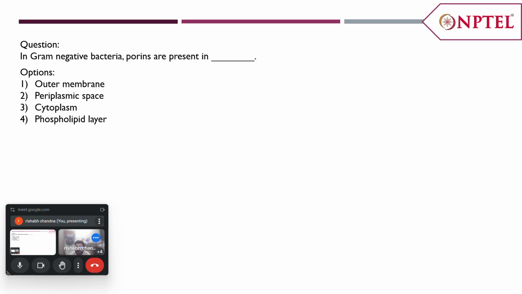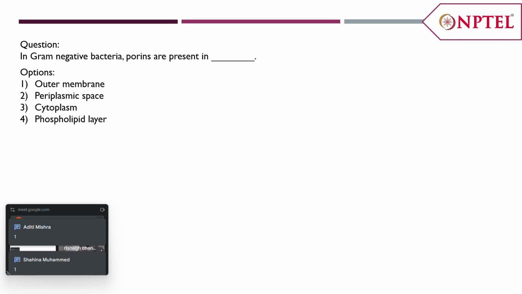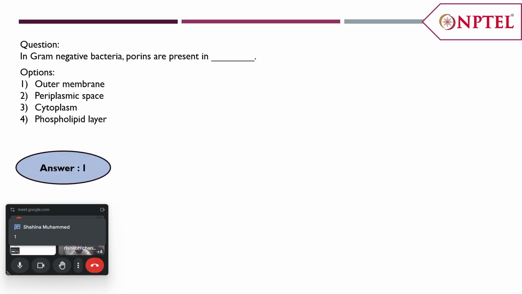In gram-negative bacteria, porins are present in which membrane? Outer membrane, periplasmic space, cytoplasm, or phospholipid layer? Okay. So yes, the correct answer is option number 1, that is the outer membrane.